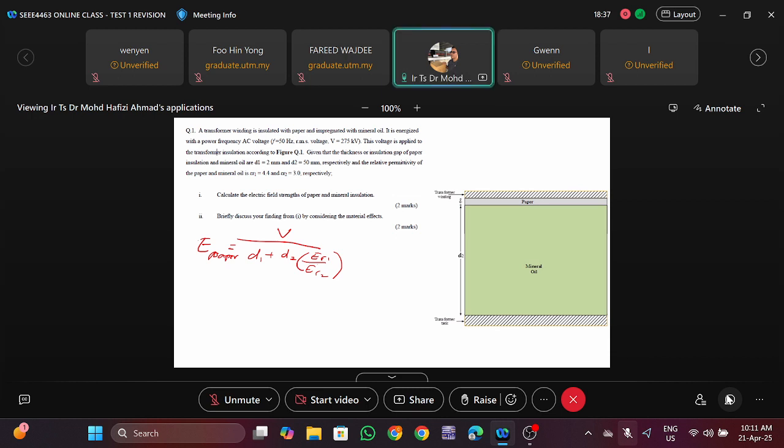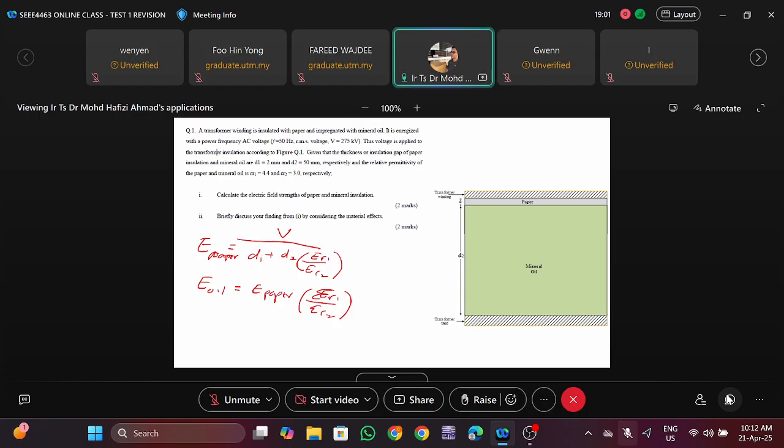And then the E of mineral oil, which I consider as E2 or E of oil, is equal to E of the paper times epsilon R1 over epsilon R2.